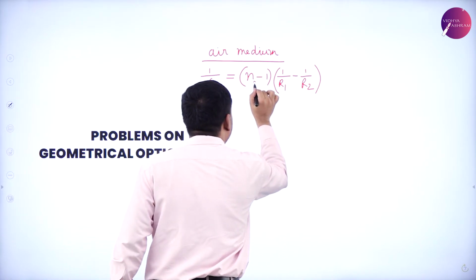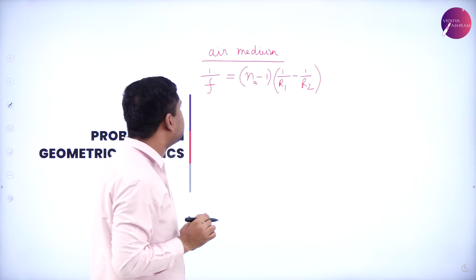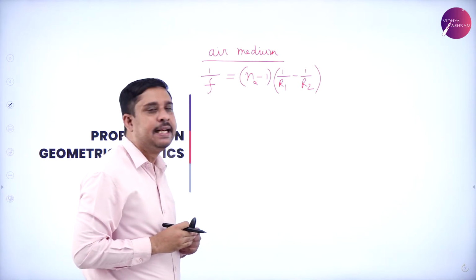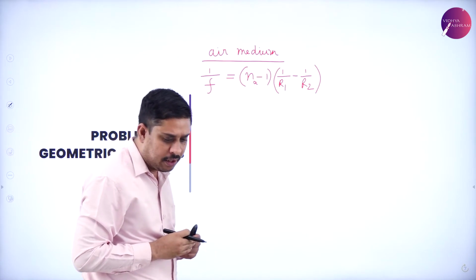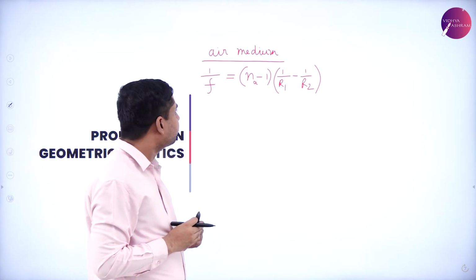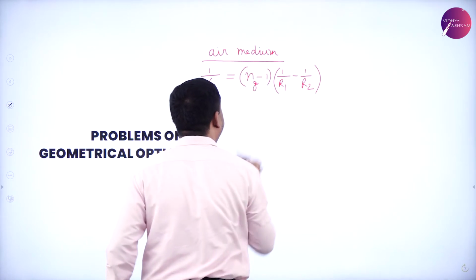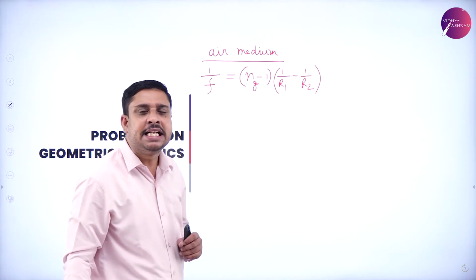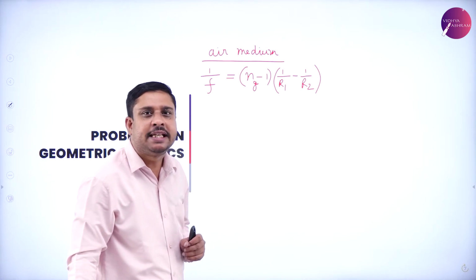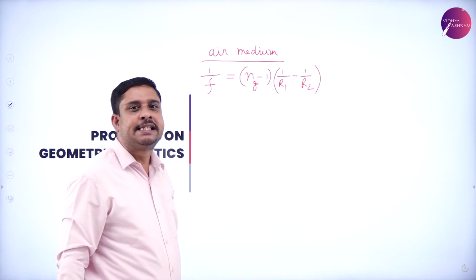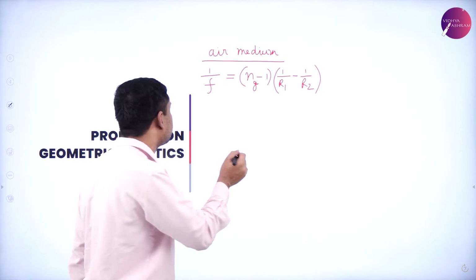Here it is the refractive index in air. So when it is placed in air medium, Ng gives me the refractive index of glass.